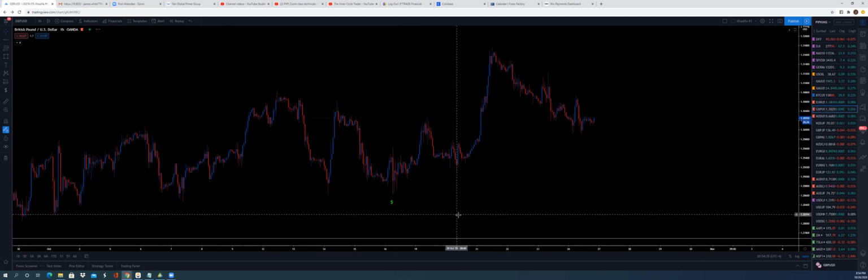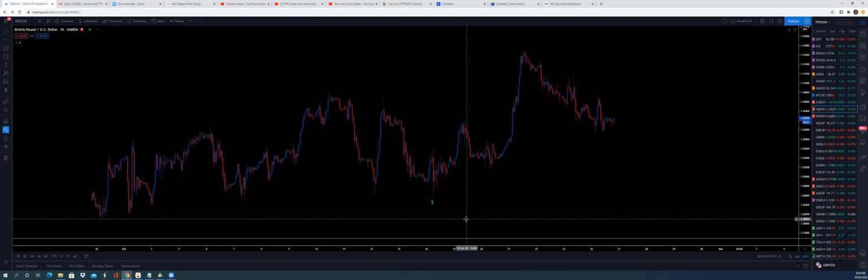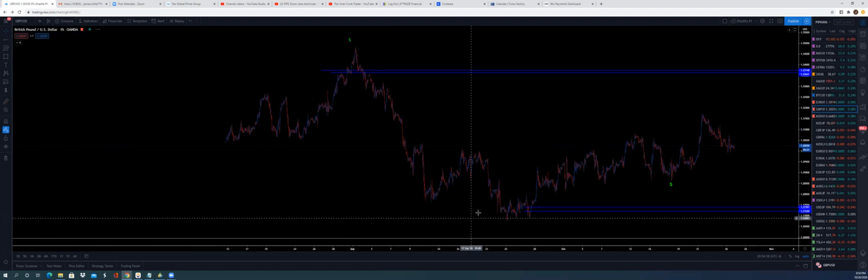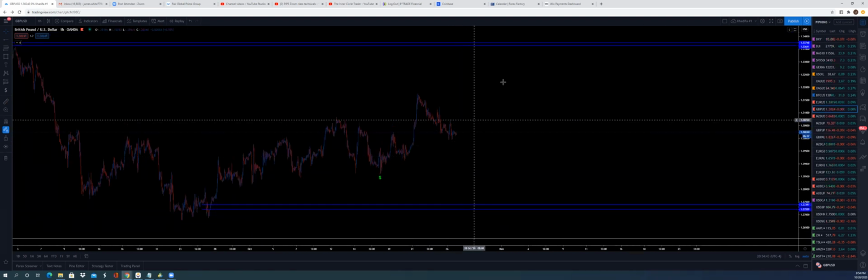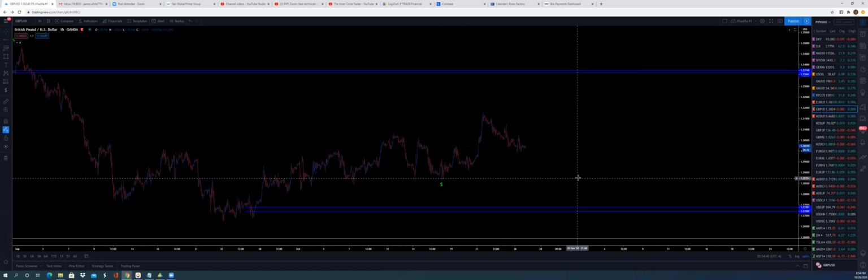Moving on to GBP USD, same thing. We're expecting the dollar to be bearish, then we're expecting GBP USD to be bullish.